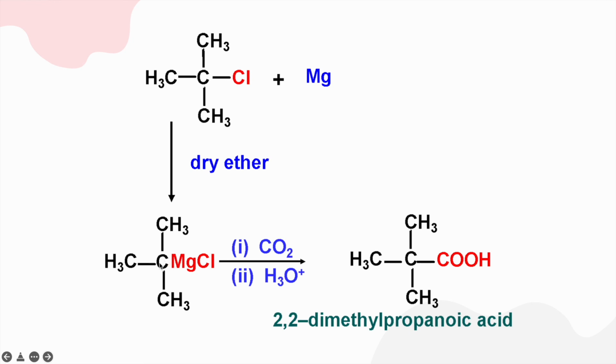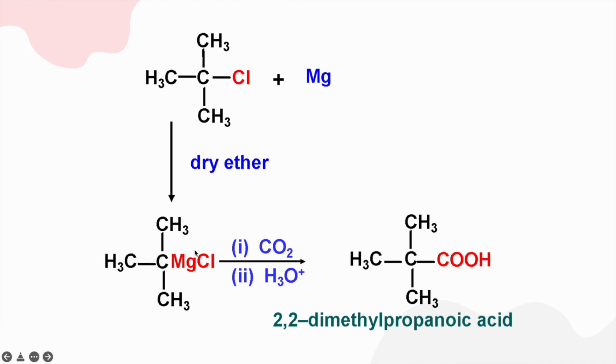So straight away, that carbon that is attached to MgCl becomes attached to COOH. One carbon comes from this CO2, so it is attached to COOH.